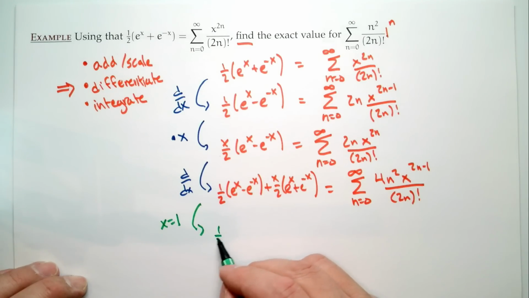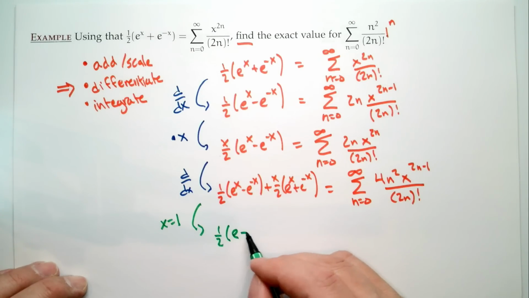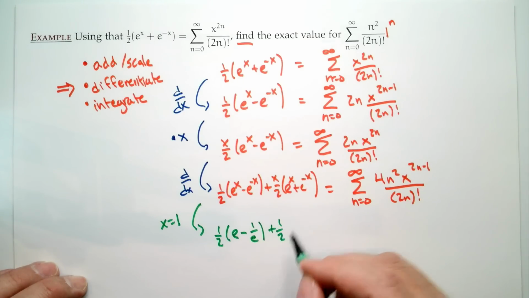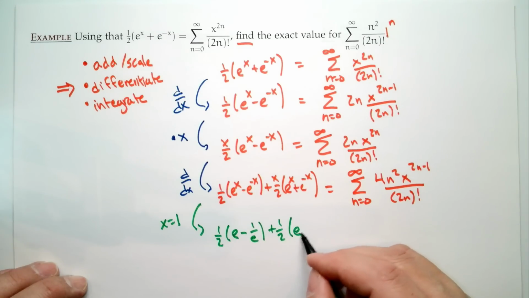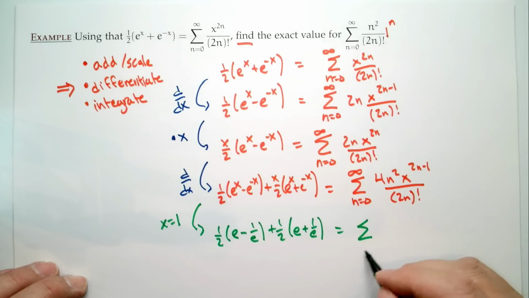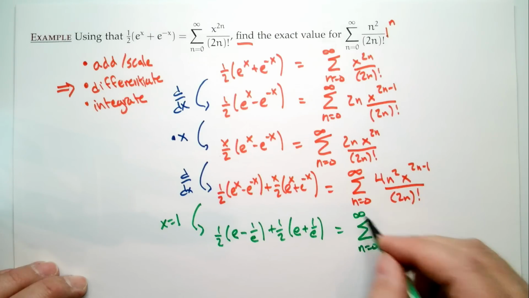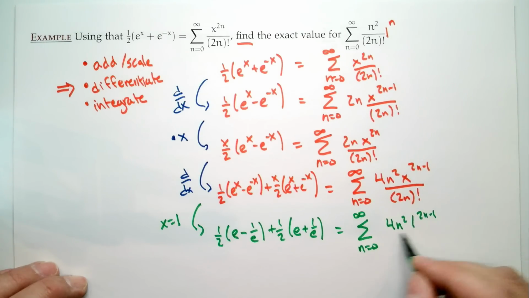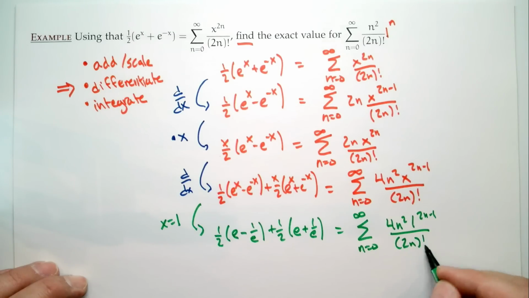We get 1/2 (e minus e to the minus 1), which is 1 over e, plus 1/2 (e plus 1 over e) is equal to the summation from 0 to infinity of 4n squared, 1 to the 2n minus 1 over 2n factorial. And we're almost free. We just need to observe 1 to the 2n minus 1. Okay, that's just 1.